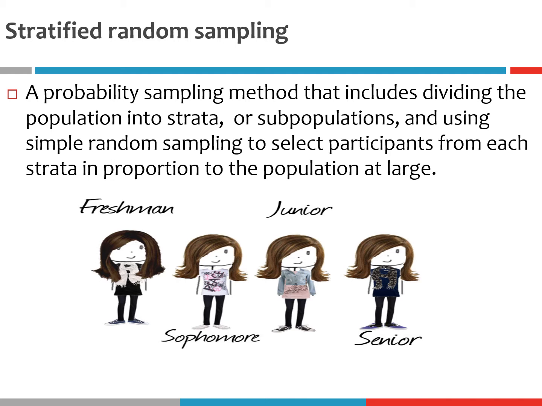And another example, say you are interested in investigating political attitudes among college students, and you know that in the U.S. population, 60% of college-age students are Democrat and 40% are Republican, right? And you again want your sample to be as representative of the population as possible.